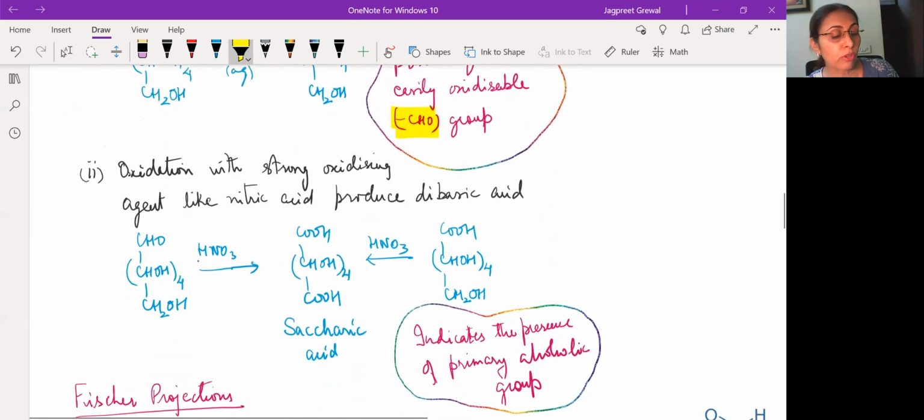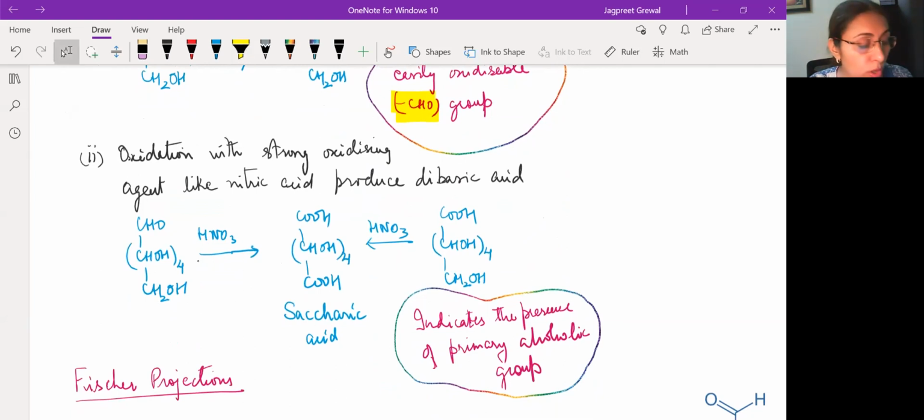Next, if you treat it with a strong oxidizing agent like nitric acid, it produces a dibasic acid. Why is it a dibasic acid? Because both the CHO group as well as the CH2OH group get oxidized.